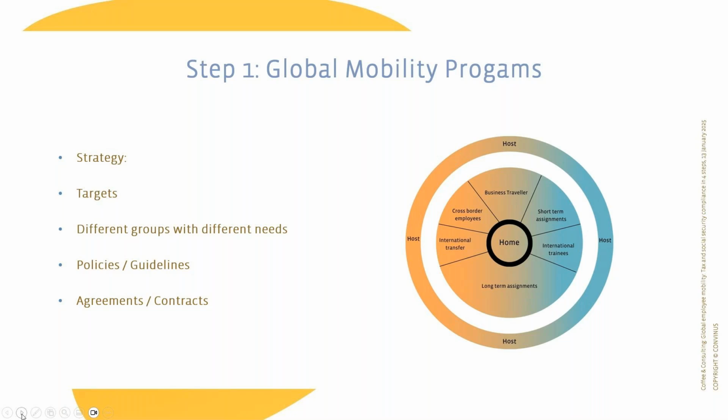Or instead of several programs, you have maybe just one program, but different policies or guidelines. And then also minimize the number of different agreements and contracts, and the more transfers, the more assignees, the more international travelers you have, try to minimize any kind of exceptions.